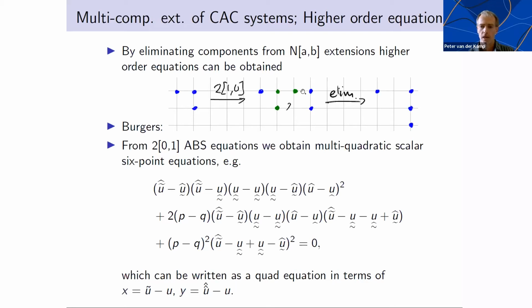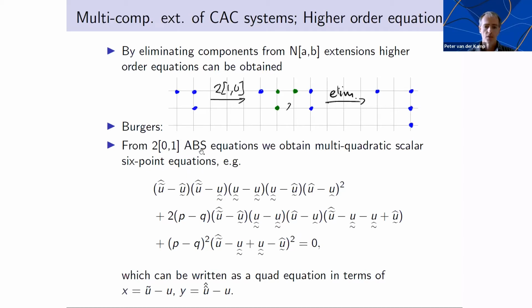You can then use the second equation to eliminate the v variable. And if you substitute this equation in here and also in here, you get a relation between the u variables of this point. So you go from a scalar equation to a multi-component extension, back to the scalar equation on a higher order stencil.